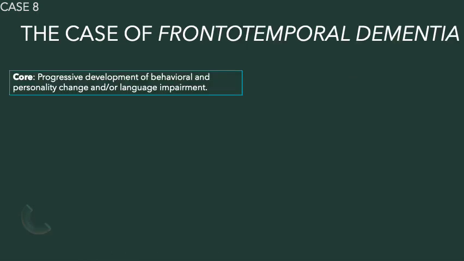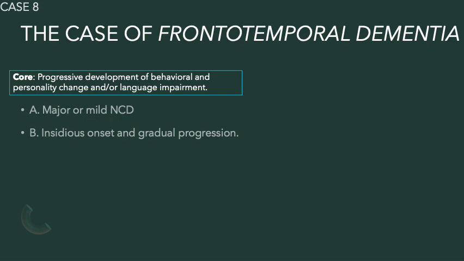So this is a case of frontotemporal dementia, whose core features are progressive development of behavioral and personality change and/or language impairment. Criteria are: person has major or mild neurocognitive disorder. There's an insidious onset and gradual progression.